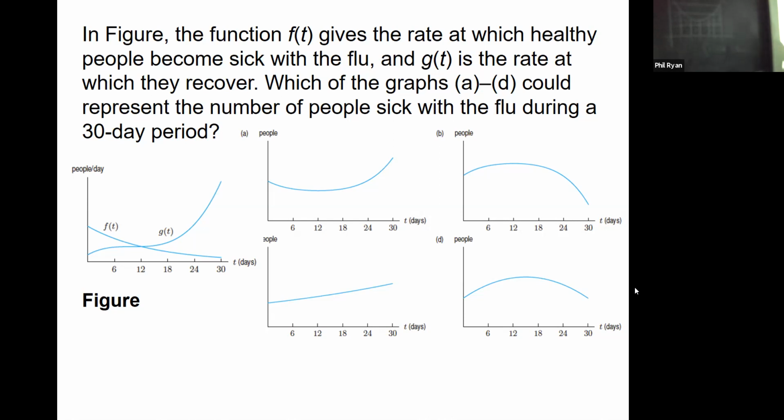Think of them as some quantity: people are entering at the rate of F, and they're leaving by getting better at the rate of G. So the derivative of sick is F minus G.